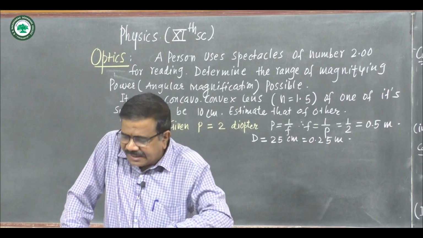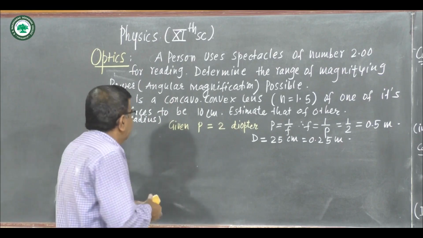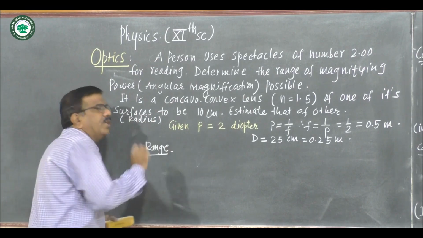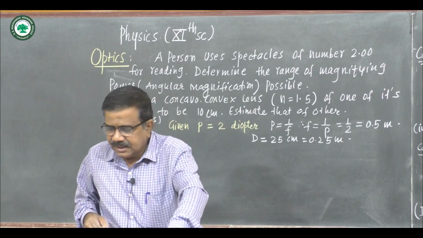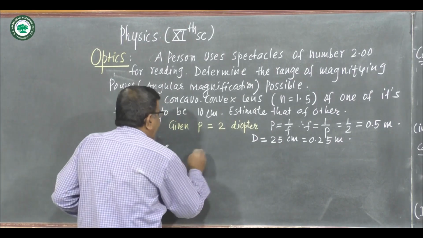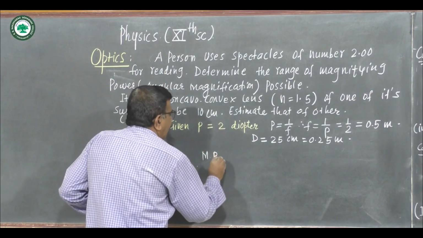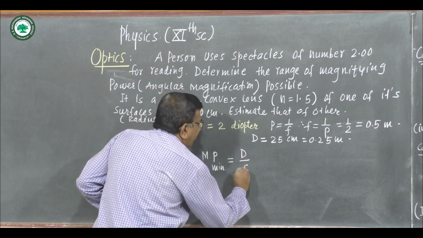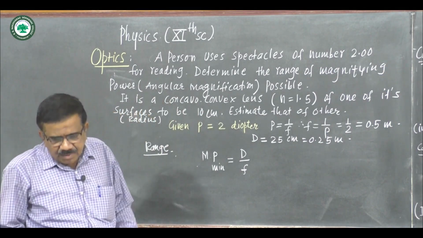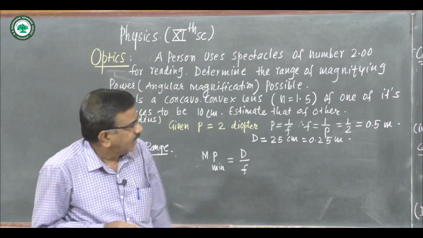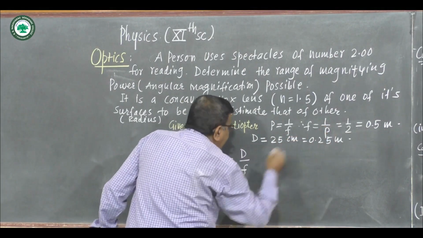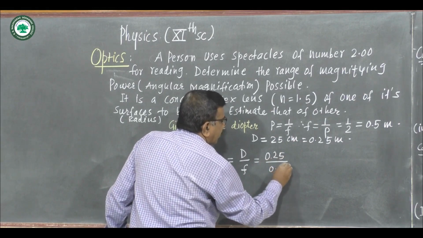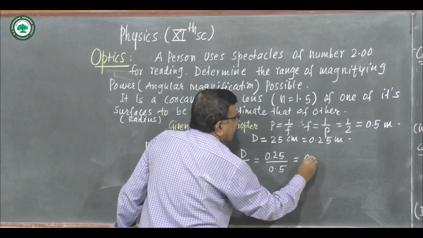The range of magnifying power: we know magnifying power is minimum for image at infinity, and its value is D upon F. Minimum magnifying power is D upon F, that is 0.25 upon 0.5, and that is 0.5.